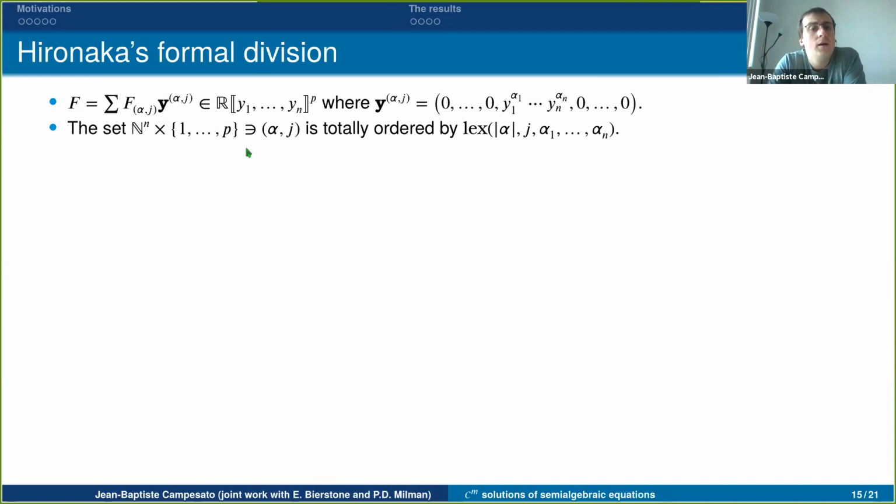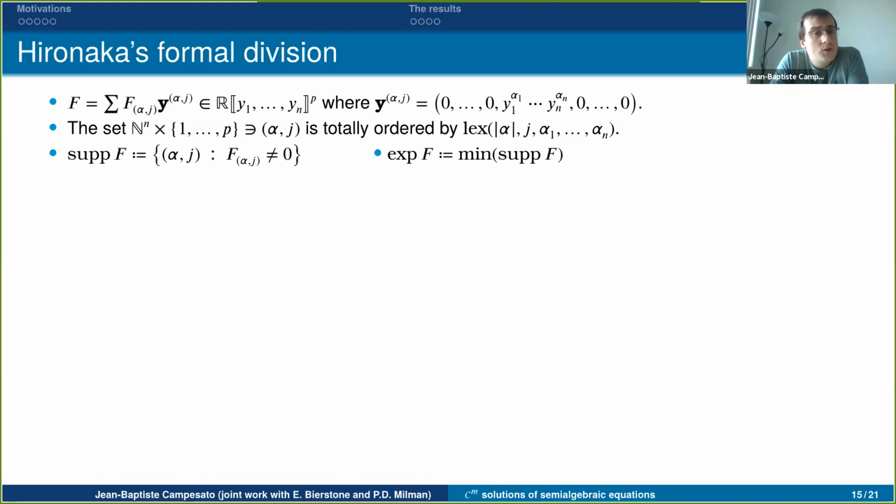And we can totally order this space as follows. We just look at this lexicographic order. First, you look at the full degree of a monomial. In case of equality, you look at the component number. And then you look at the degree variable per variable.